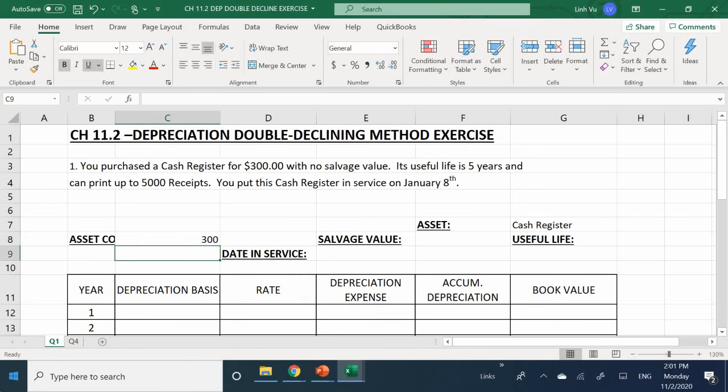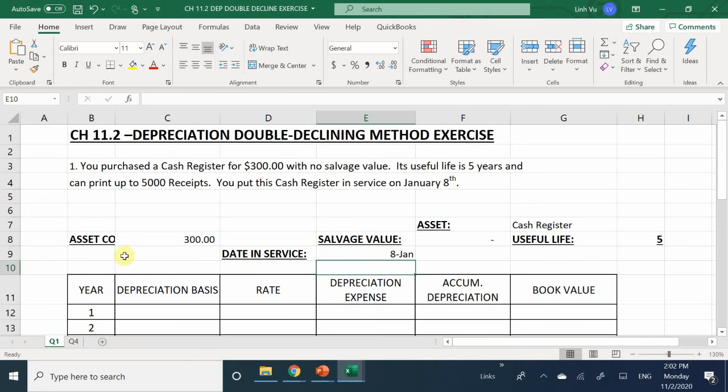All right. And do I have a salvage value? No, no salvage value, so it's 0. And what's its useful life? 5 years. And when's the date I placed it in service? January 8th. Okay.